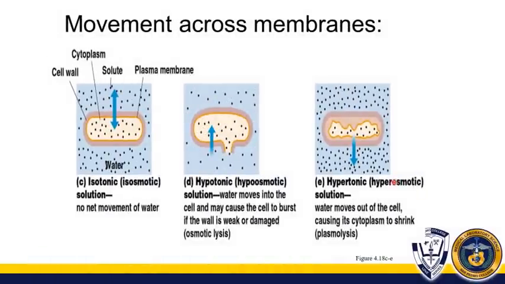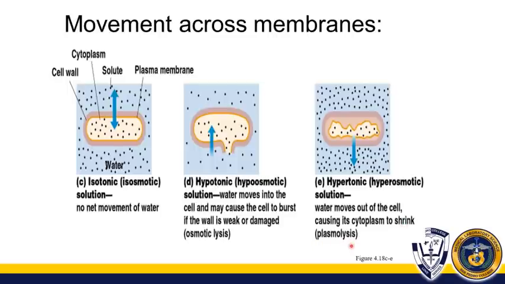So if we want to grow bacteria and let them survive longer, they must be placed in an isotonic solution. In a hypotonic solution, extracellular water enters the cell that may cause the cell to burst. On the other hand, in a hypertonic solution, cytoplasmic or cellular water moves out of the cell and causes it to shrink.